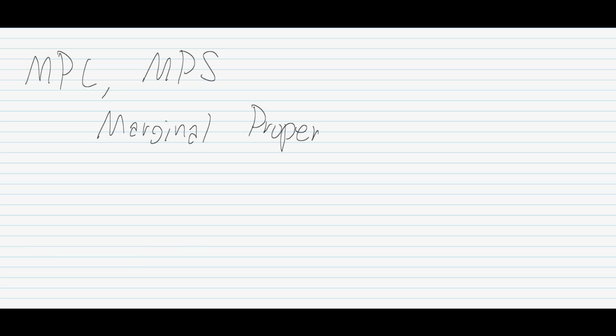So, let's look at how that relates to everything else I'm going to bring up in this video. The marginal propensity to consume and the marginal propensity to save. So that's marginal propensity to save/consume.